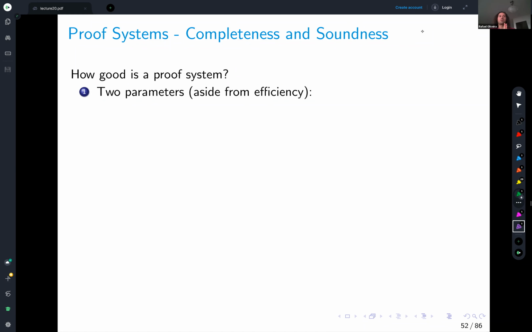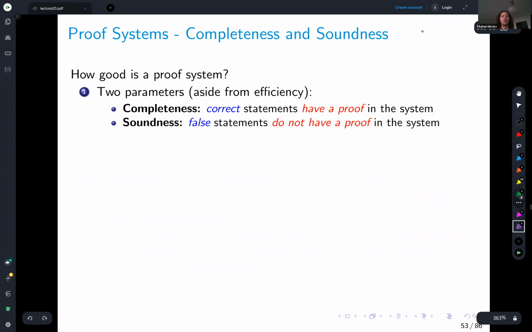Well, we need two parameters aside from efficiency. We need to be able to make a decision within our lifetimes, so efficiency is certainly one parameter, but the other two parameters are completeness and soundness. We say that a proof system is complete if correct statements have a proof in the system.